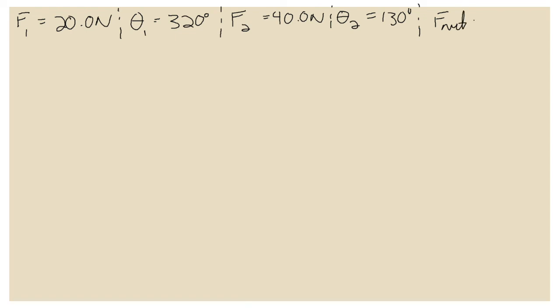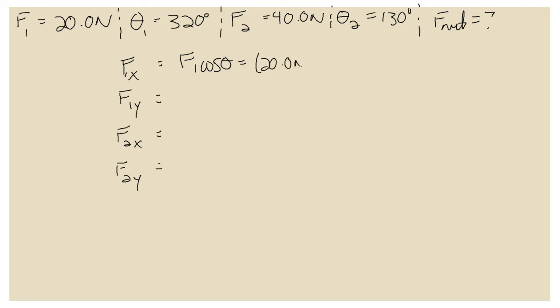So your first job, again, is to resolve all these vectors into their components. And so we have F1x, F1y, F2x, and F2y. And we write our equations out. F1x is F1 cosine theta. And so that's going to be equal to 20.0 newtons times the cosine of 320 degrees. F1y is F1 sine theta.